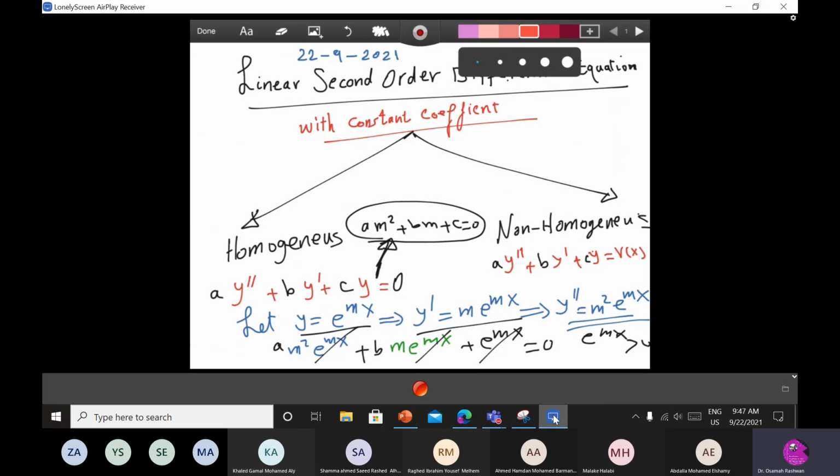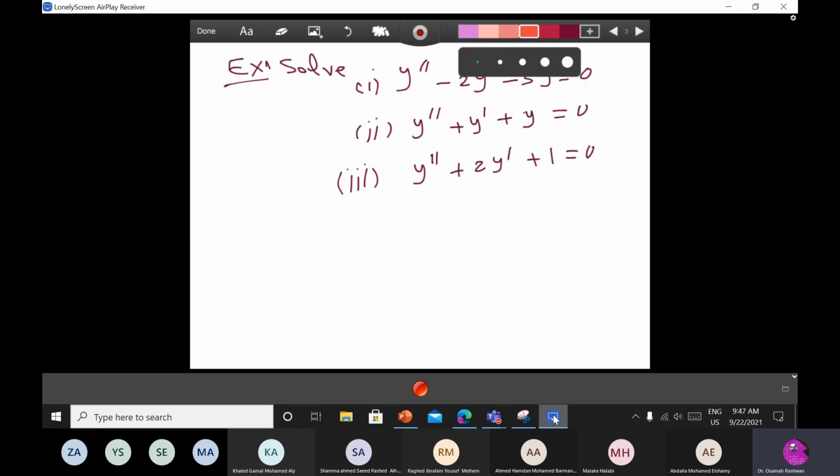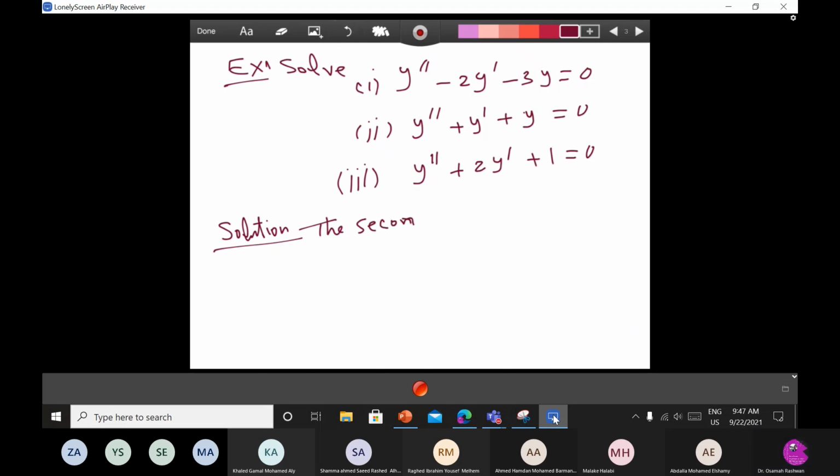Okay, no, straightforward, because I mentioned in the beginning here, it is the second order differential equation with constant coefficient and homogeneous.